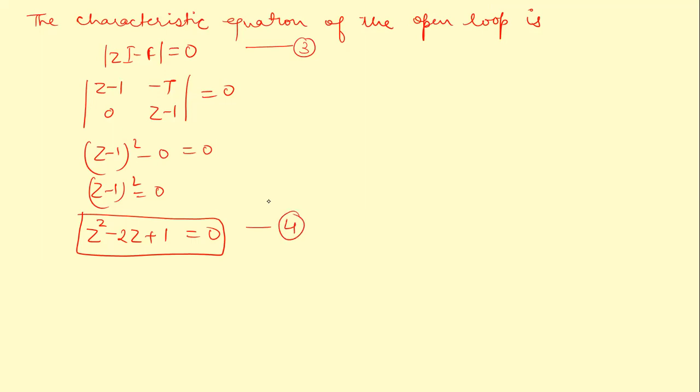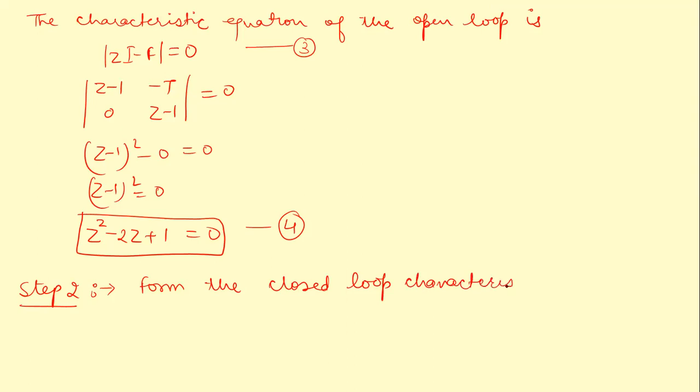Now let us come to step number 2. Step 2 is, we will form the closed loop characteristic equation. The closed loop characteristic equation can be obtained by considering the control law.